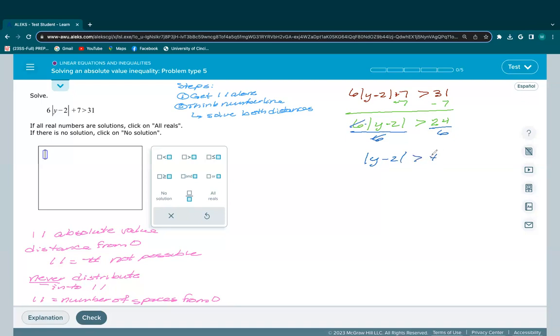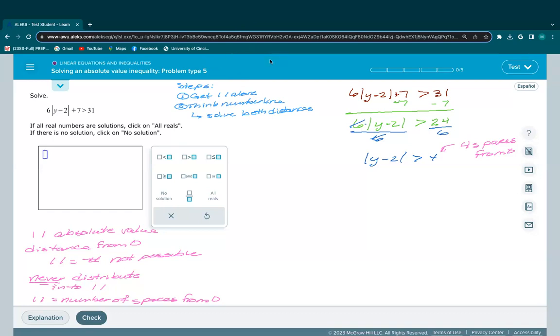Now, this is where we think of the number line. So I'm saying that I'm going to be more than 4 spaces from 0. Keep in mind that this is spaces. So I'm really going to change it to get rid of the absolute values. The way that it works in my head is I'm going to get rid of those absolute values because I'm no longer going to think of spaces.